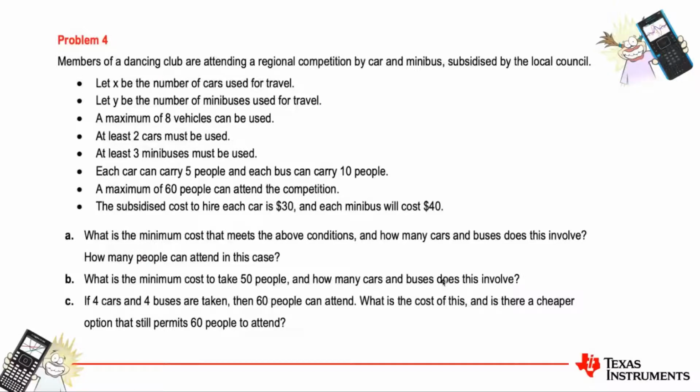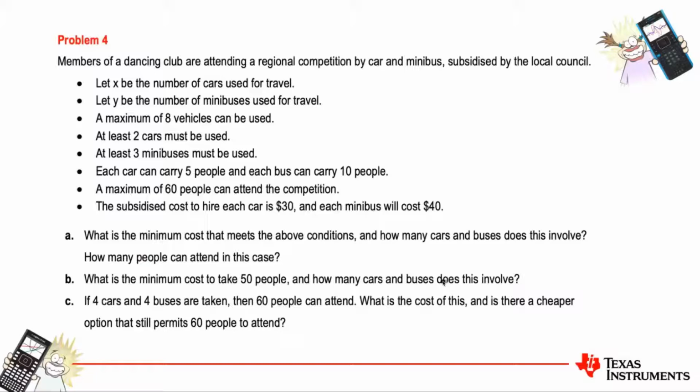And you'll notice that X is the number of cars they use, Y is the number of minibuses, and there are a number of constraints about the number of vehicles, how many cars, how many minibuses, how many can be carried in each car and each bus, so more in the minibus, that is 10, and only 5 in the cars. And then they can't have any more than 60 people at the competition.